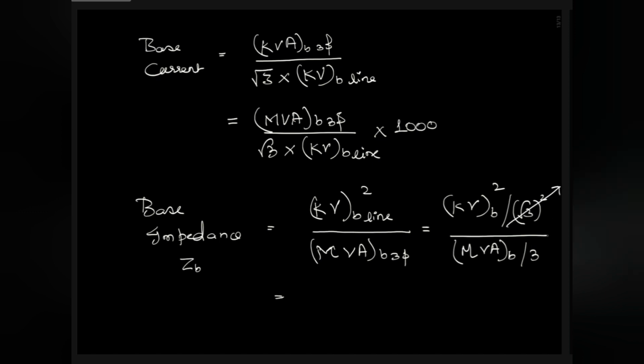So this 3 square and this 3 will get cancelled. You will get kV base square divided by MVA base. Okay, so there is no difference in 3-phase and single phase.